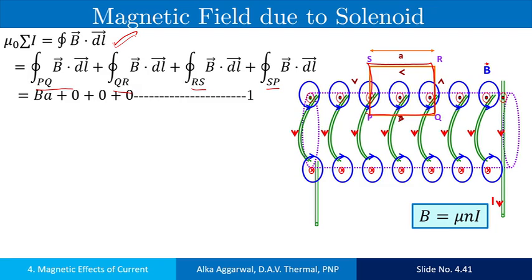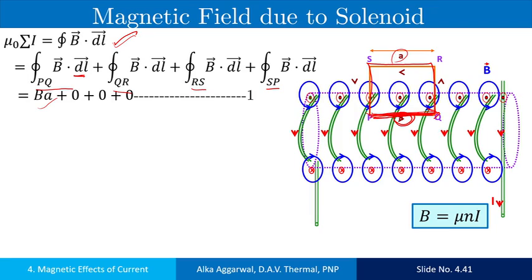Now for the side PQ, the magnetic field and the current element PQ are in the same direction. It means theta is 0 and the value of cos 0 is 1, and the integration of dl is the length of PQ, which is equal to a. So the expression is Ba.